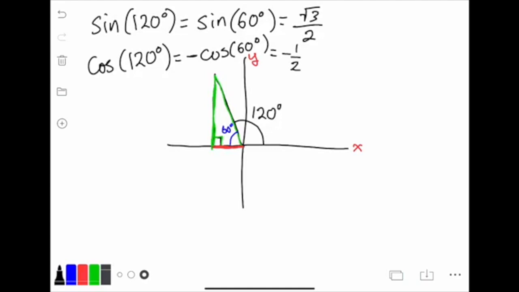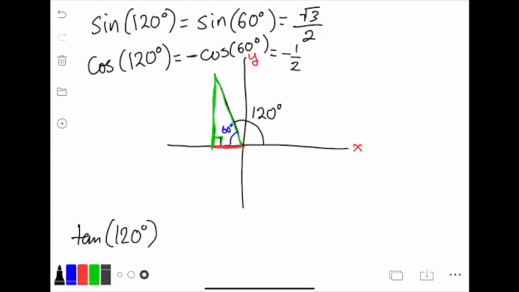So when you are given angles greater than 90 degrees, the trig functions may be negative depending on which quadrant the terminal side of the angle is on. Let's do one more here. How about tangent of 120 degrees?